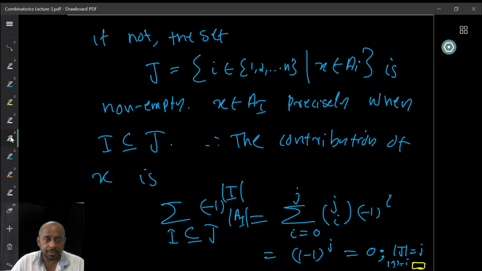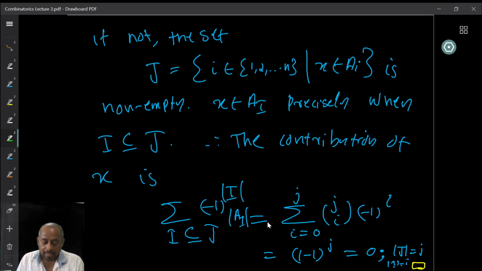So now the contribution of X to the sum is the summation over all I subset of J of (-1) raised to the cardinality of I. This is for an arbitrary element X, so J can be arbitrary. But what is this sum?